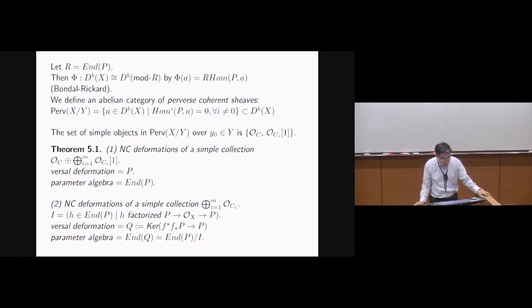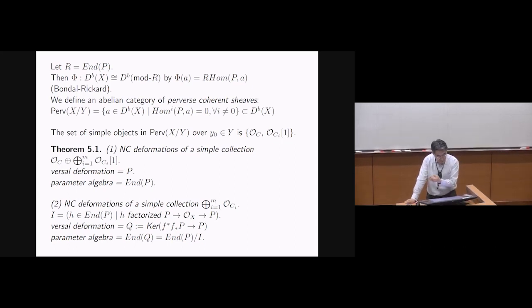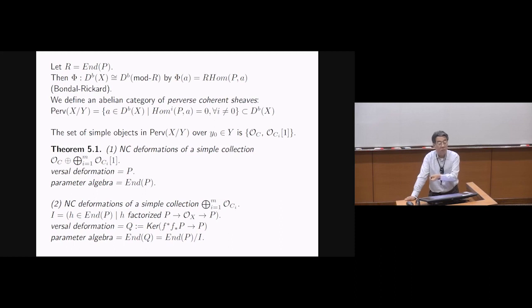The original perverse sheaves are defined by the Riemann-Hilbert correspondence. On the left-hand side, you have the derived category of holonomic D-modules, and on the right-hand side, the derived category of constructible sheaves. The constructible sheaves are more algebraic, and the D-modules are more geometric.